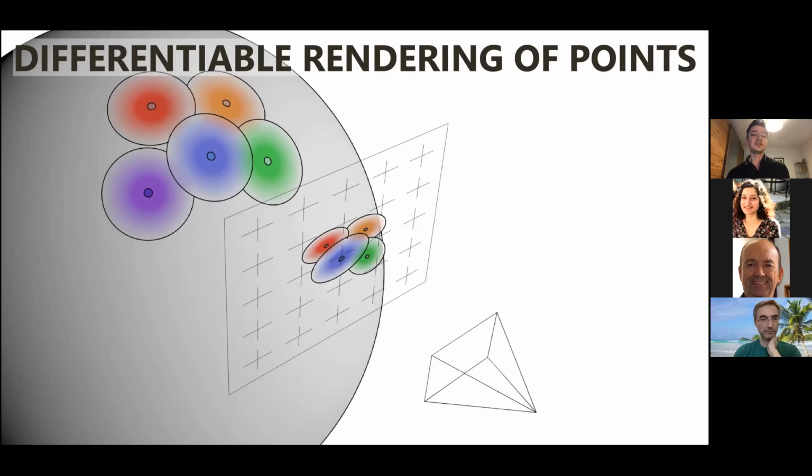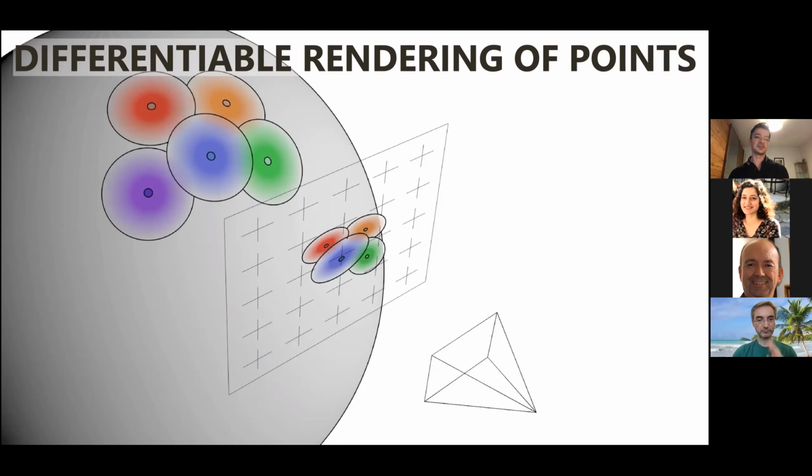And the idea here is, can we go back from images to point clouds by first formulating the forward process of rendering point clouds. So for this one, we finalized a project almost a year and a half ago and published it. What we did is basically take a splatter.